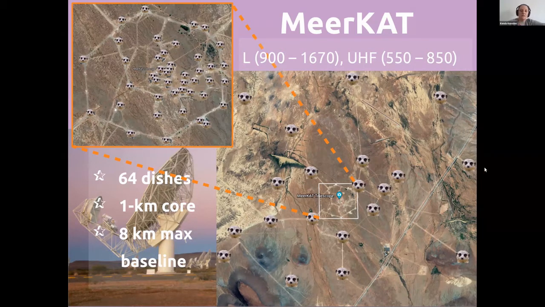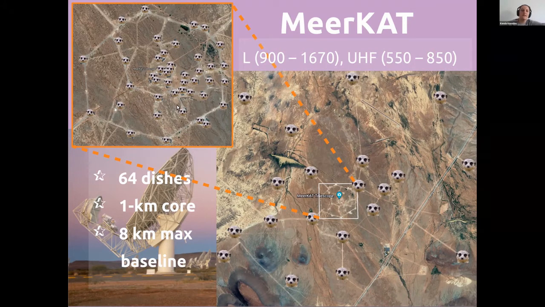So if you're ever reading papers and they're talking about the core of an interferometer, MeerKAT has its 64 dishes spread out in a somewhat pseudo-random pattern. And the inner core, which is 1 kilometer diameter, is where about half, over, was it 2/3?